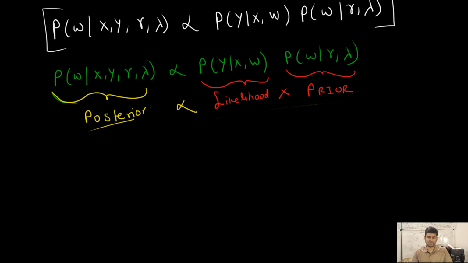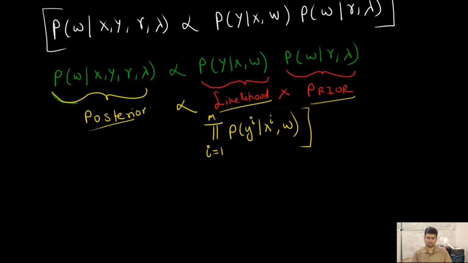Posterior is directly proportional to the likelihood into prior, and this likelihood, assuming that each of the noises are IID, is nothing but the multiplication of the individual probabilities, P of Yi given Xi and W, and this would be the prior distribution.